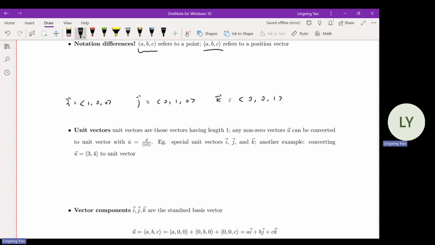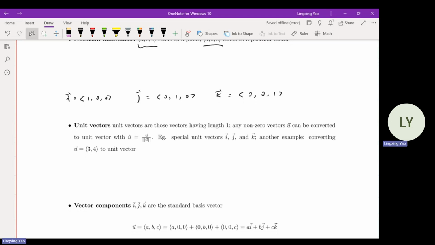Okay, and one thing we did is that we claimed that for any non-zero vector U, we can always find the unit vector along the direction of this U.